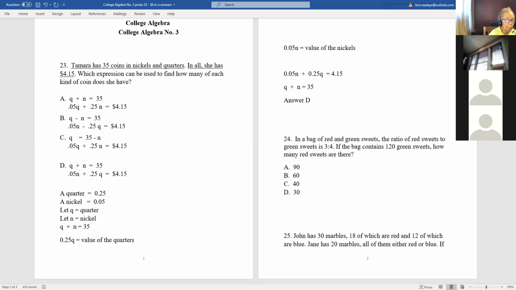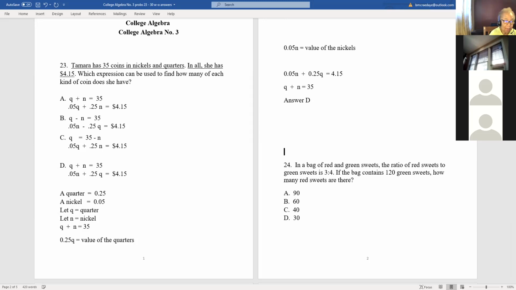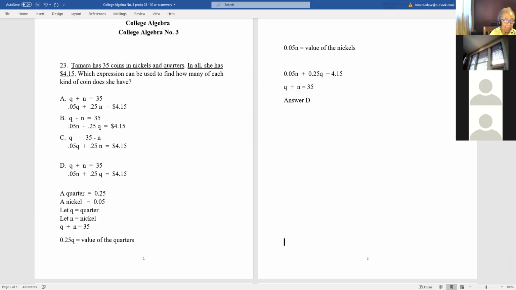Okay. Now, Latoya, let me ask you this. Let's take this a step further. I have these two equations. How could you use those two equations to find how many quarters and how many nickels? You divide them.